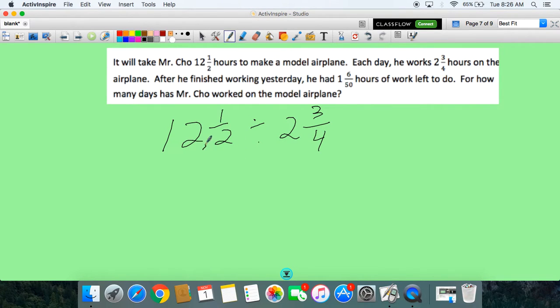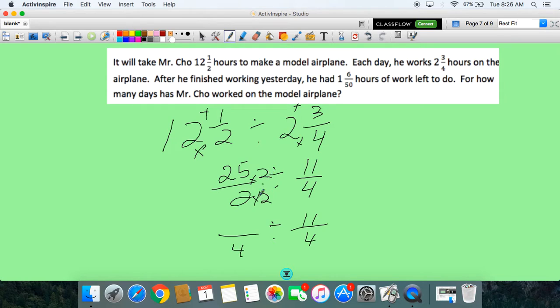So let's make a few changes. 2 times 12 is 24, plus 1, 25 over 2. Divided by 4 times 2 is 8, plus 3, 11 over 4. Our common denominator is 4. Let's just leave it as 4. This is already a 4. We don't have to change it. This changes by multiplying by 2.